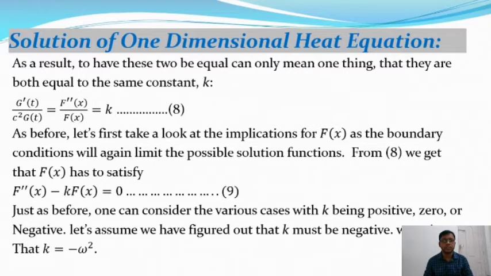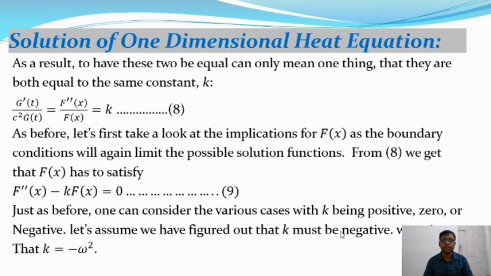Okay, so there are three possibilities. That means there are three possible solutions for this differential equation, that means equation number 9. But when k is equal to minus omega square, that means k is negative, then the solution is more stable than the other two solutions.